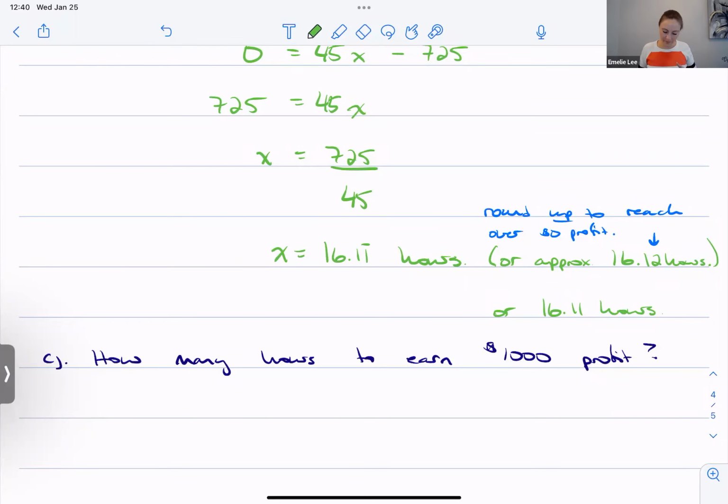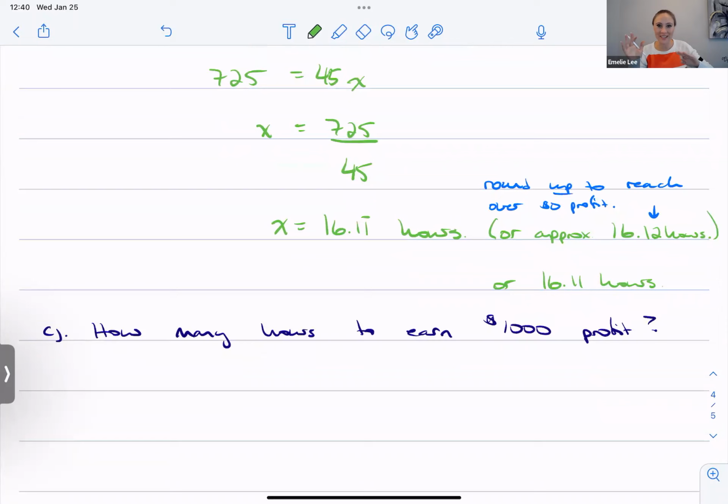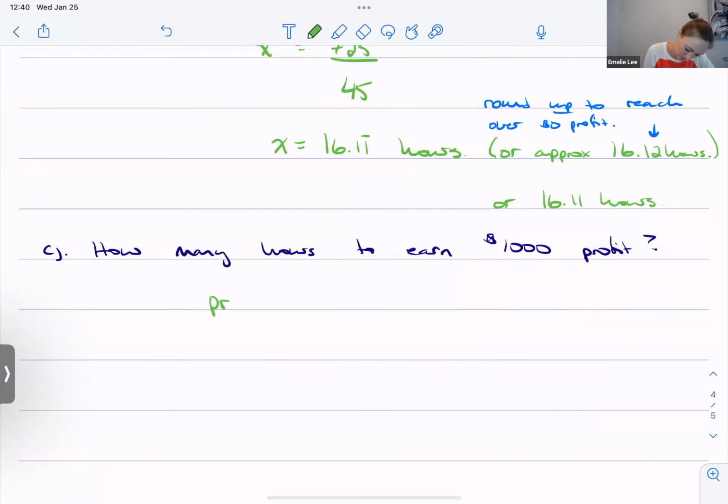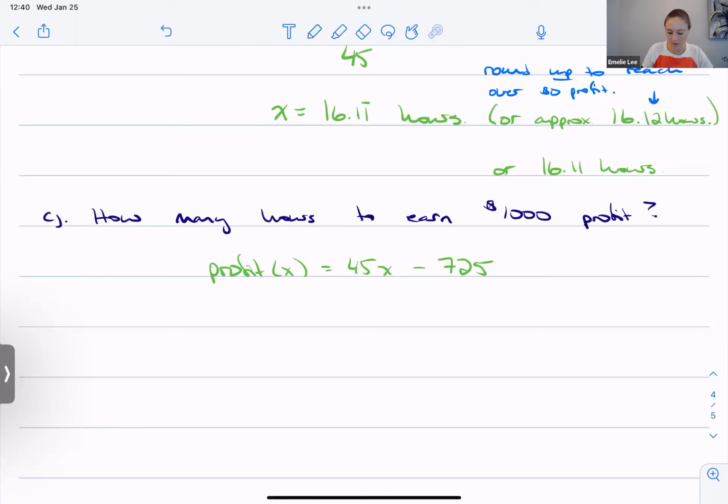Awesome. We're going to do the same thing, but for $1,000 profit. So we follow the same song and dance here. The profit of X is 45X minus 725. Now I'm forcing the profit to be 1,000. And so 1,000 is 45X minus 725. I have to add 725 to both sides, that's the same as always.